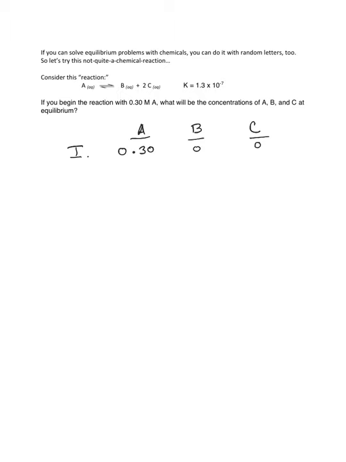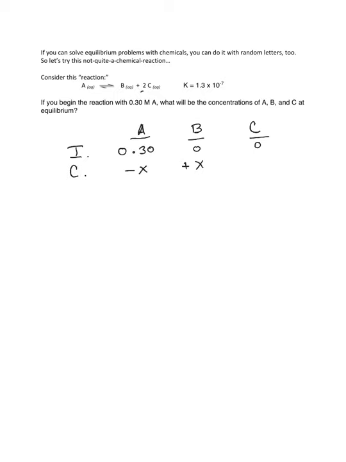Now during the reaction, there's going to be some change. We've got stuff on the reactant side and nothing on the product side, so it's definitely going to shift to the right. A is going to go down by some amount, B is going to go up by some amount, and C is going to go up by some amount.